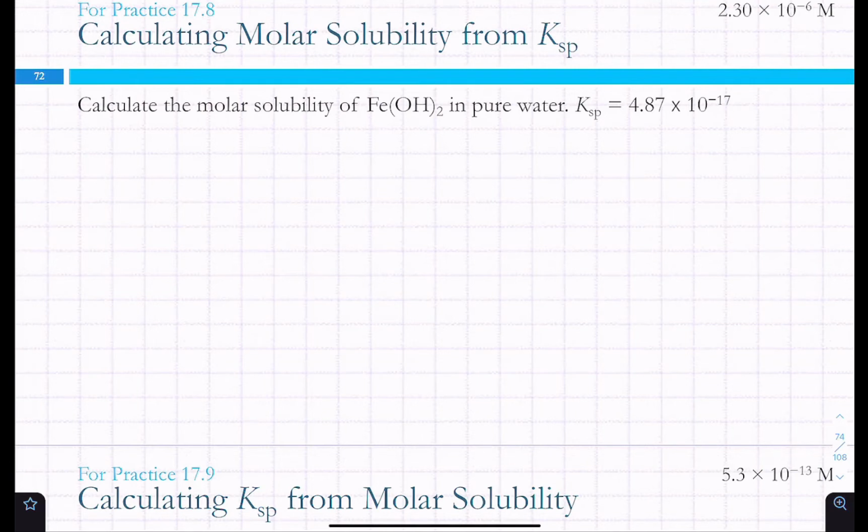So iron hydroxide dissolving in water. We'll have our Fe(OH)2, and that's our solid, in equilibrium with the iron 2 plus and the 2 OH minus.